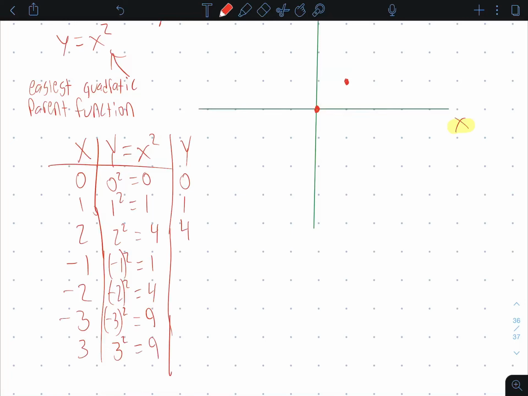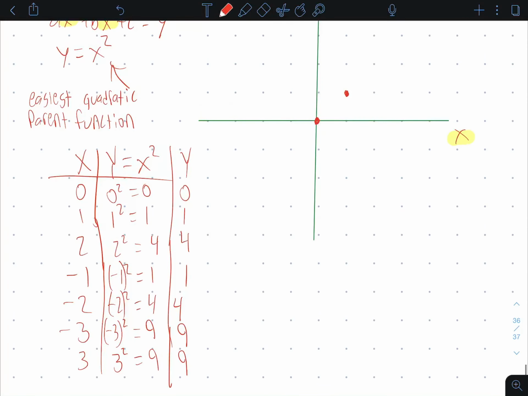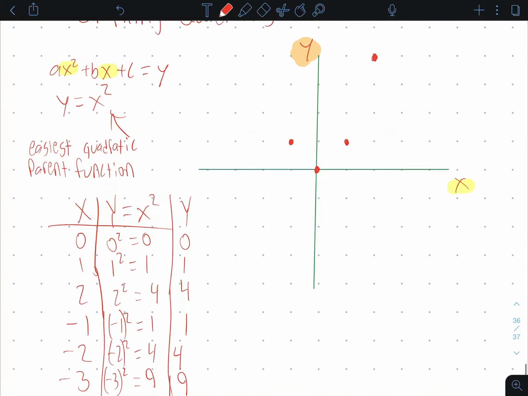So that means that my coordinates are -1, 1, -2, 4, -3, 9, and 3, 9. So now the ones we need to add are -1 goes with 1, -2 goes with 4.